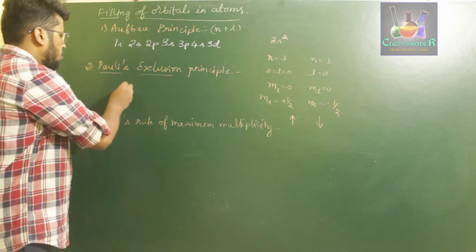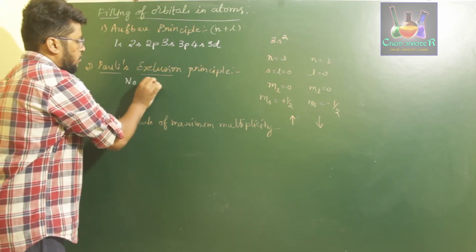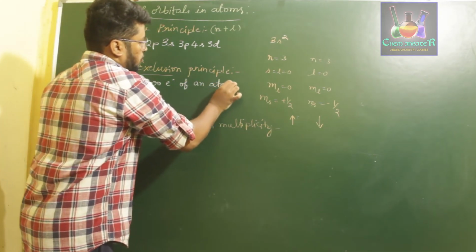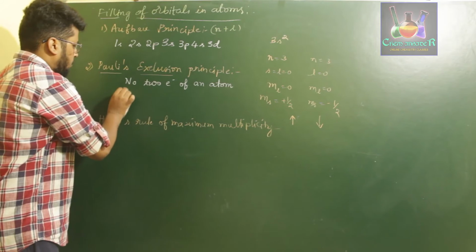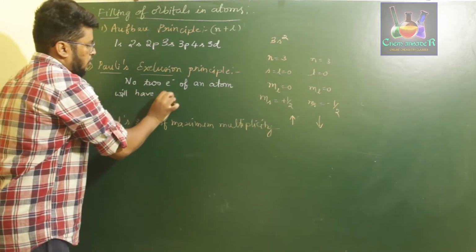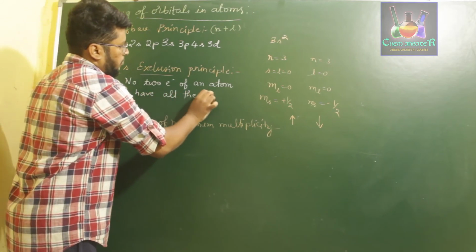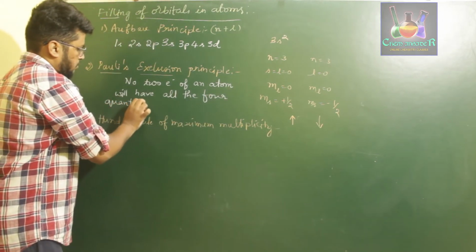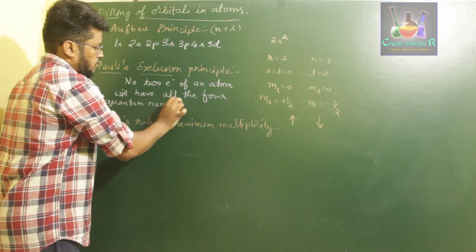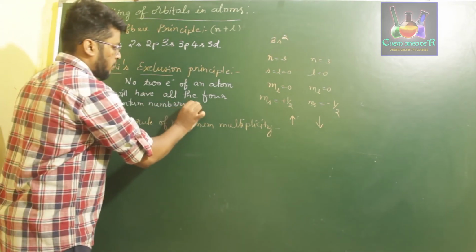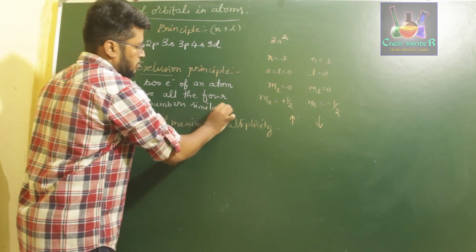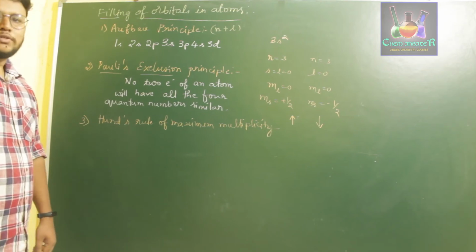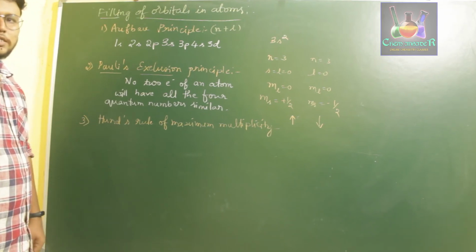It says that no two electrons of an atom will have all the four quantum numbers similar. So this is what Pauli's exclusion principle states.